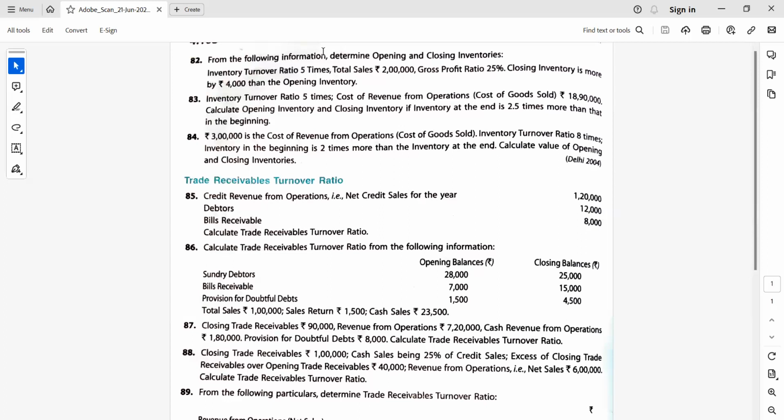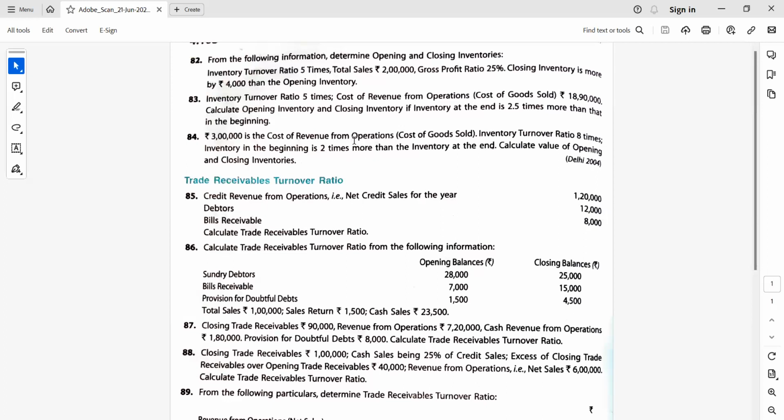This is an advanced level question, I think. So I will solve this. From the following information, determine opening and closing inventory. Inventory turnover ratio is 5 times. Total sale is 2 lakh. Gross profit ratio is 25%. Closing inventory is more by 4,000 than the opening inventory.